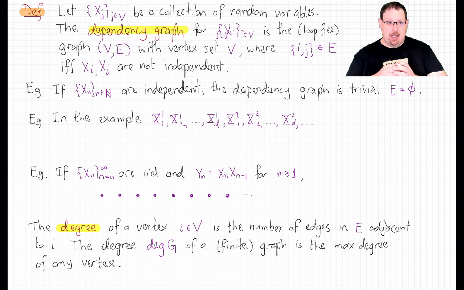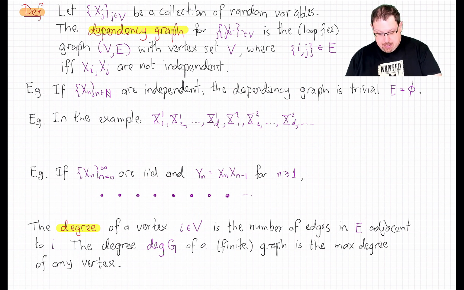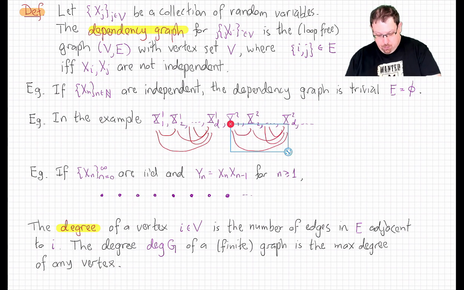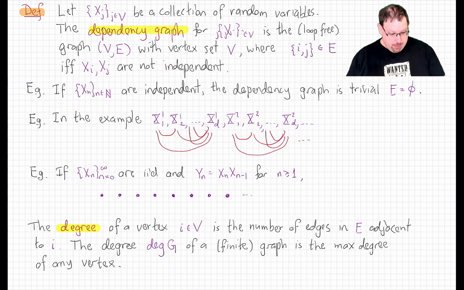Now let's look at the example that we just worked out, where we start with IID random vectors and then spread out their entries to form this sequence with d-dependent neighborhoods. Well, in that case, I don't know exactly what the graph structure is, but I know that wherever there are dependencies, they're only within the d neighborhoods. Now, whatever the graph structure is in the first d neighborhood gets copied over to all of the others because of the identical distribution.